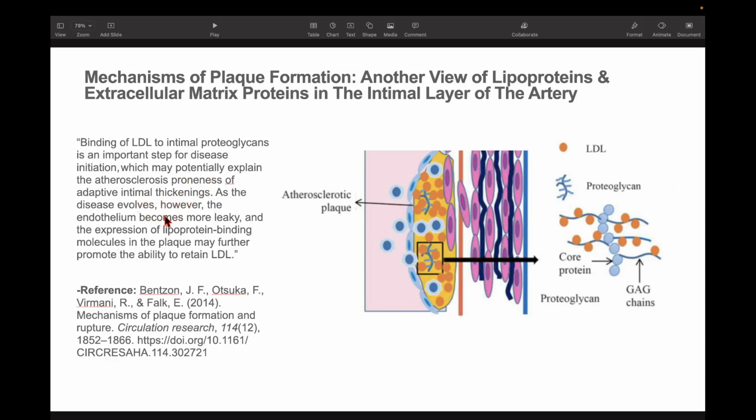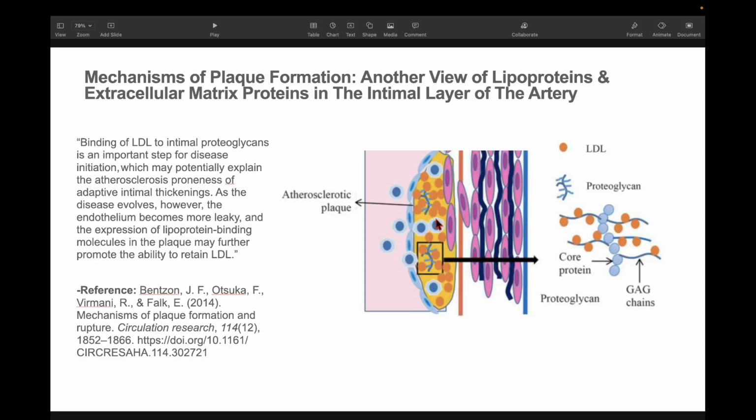As the disease evolves, however, the endothelium becomes more leaky, and the expression of lipoprotein binding molecules in the plaque may further promote the ability to retain LDL." So, when the LDL is able to bind to these proteoglycans, we see that over here, it initiates the disease process, as we saw in the response to the retention hypothesis.